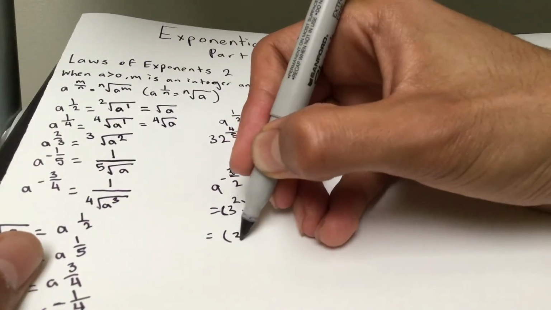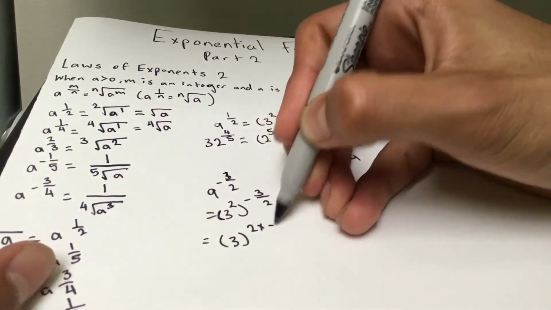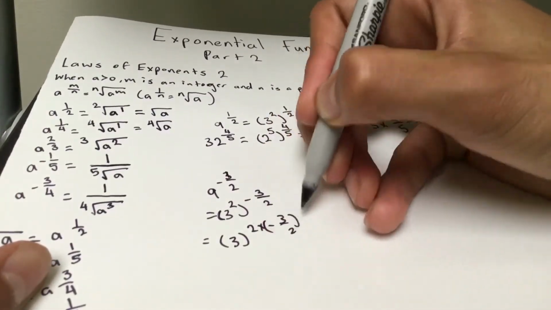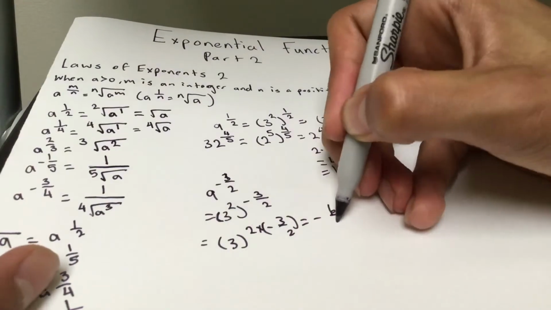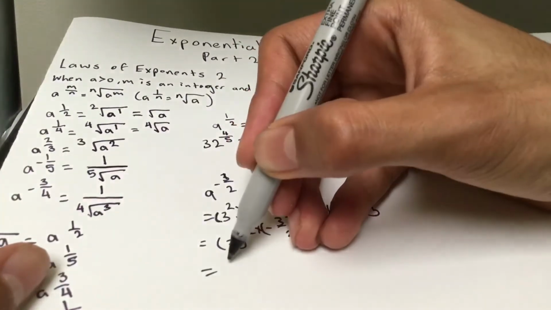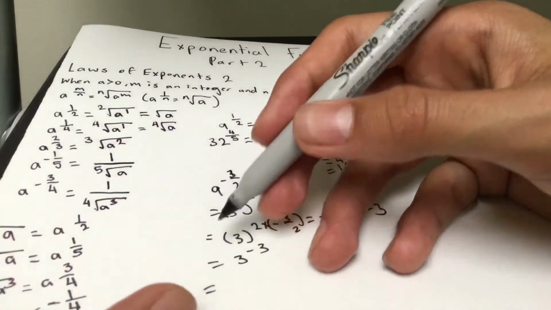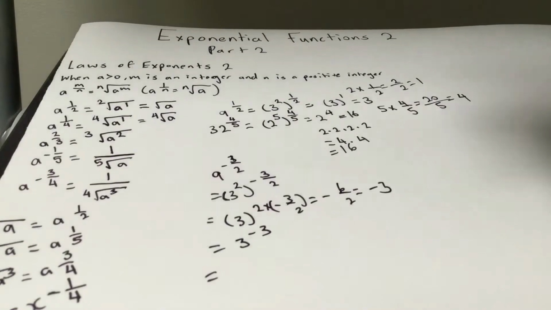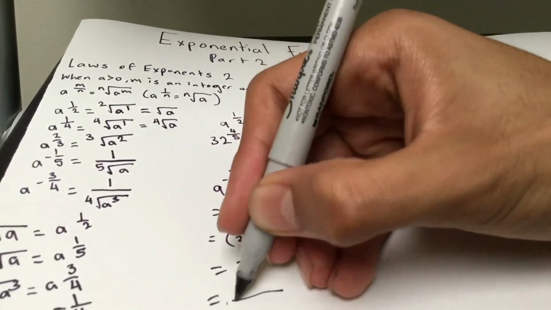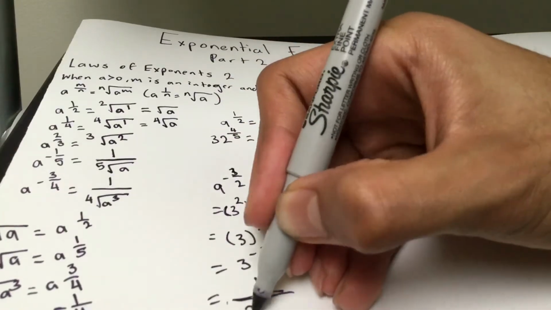So 3 can be left, and we multiply our exponents. 2 times negative 3 over 2 is minus 6 over 2, which is minus 3. So our answer is 3 to the power of minus 3, which, as it's a negative, is going to be the reverse, a fraction. The fraction is going to be 1 over 27.